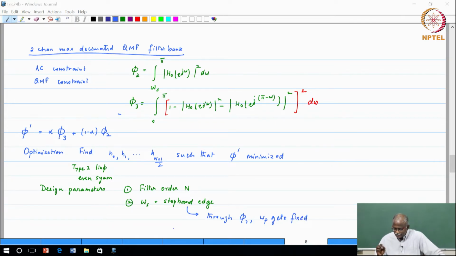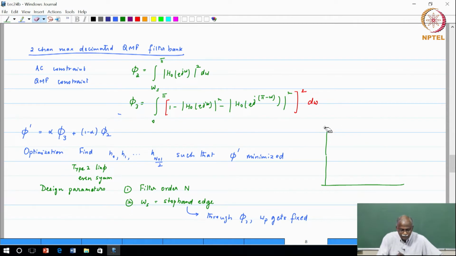And it is interesting to observe the following: if you sketch the H naught, it has a crossover around, okay, I should always show the ripples because these are not ideal filters.